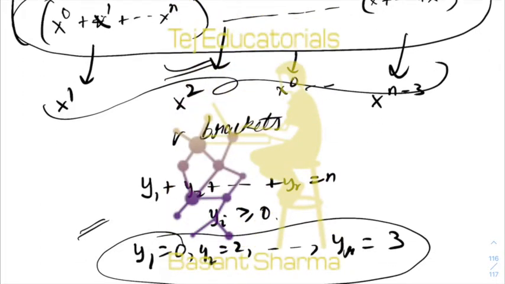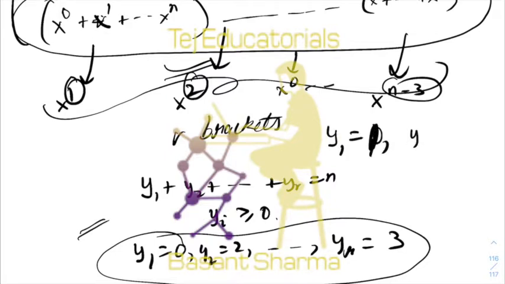Okay, so this power 1, 2, 0, 0, 0, n minus 3 is nothing but if I put y1 equal to 1, y2 equal to 2, y3 and so on till yr minus 1 equal to 0, and yr equal to n minus 3, right?